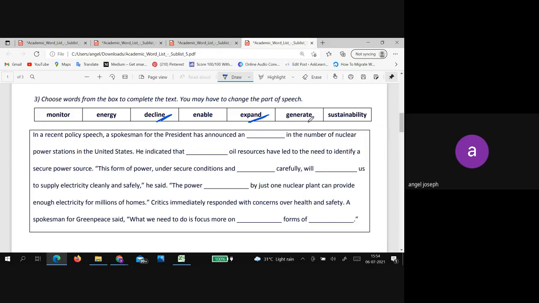Your job is to generate employment. To put it as a simple word, you can understand this as produce. To produce something is to generate something. And the last word, like I said, is sustainability.